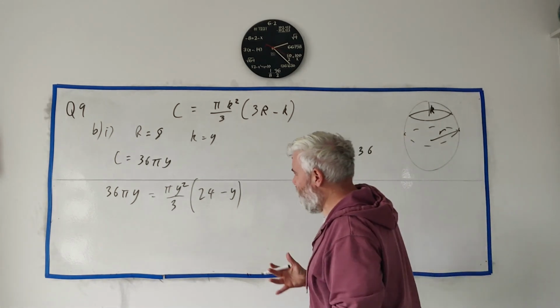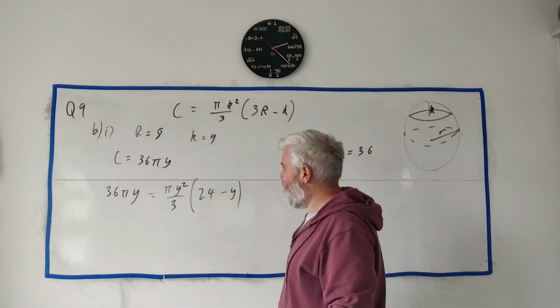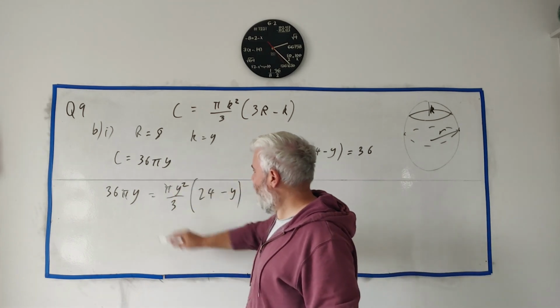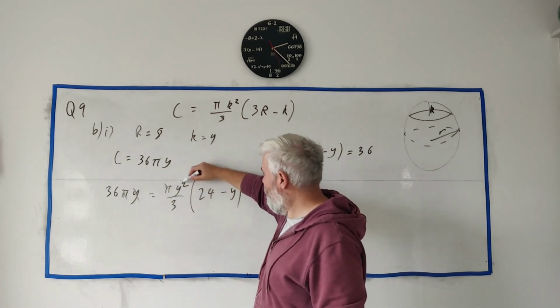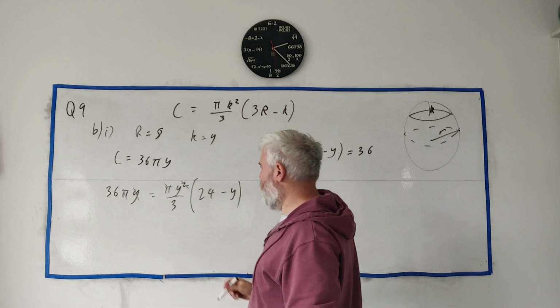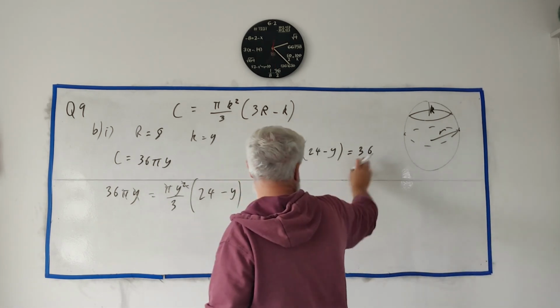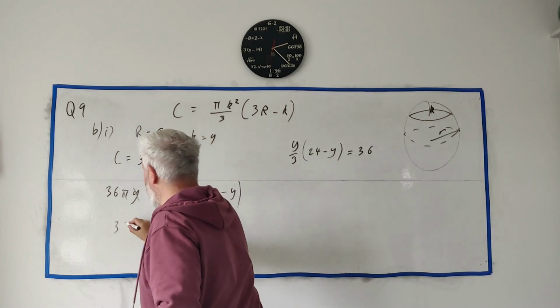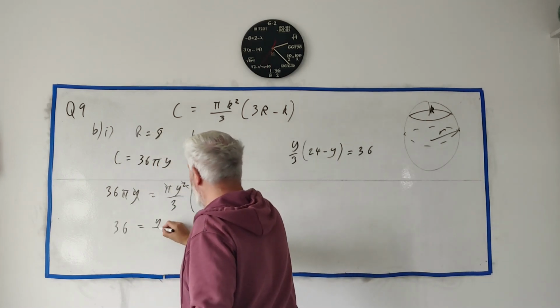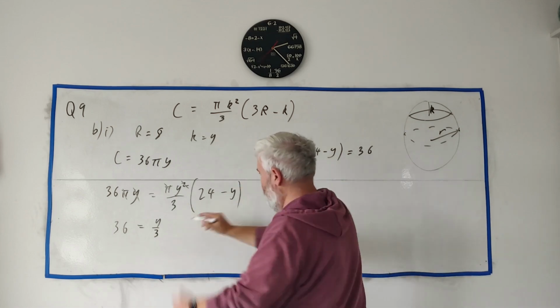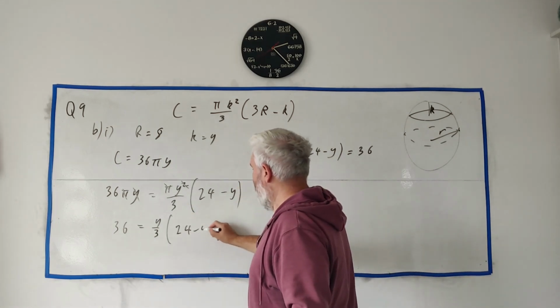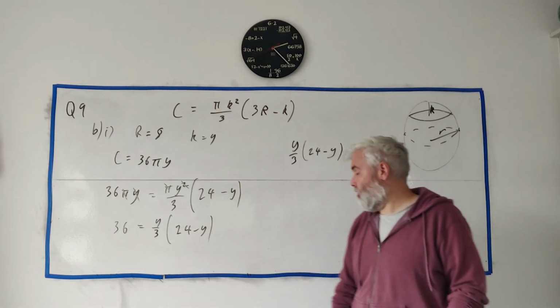This is a very strangely easy question. The 2 pi's cancel. Y cancels with one of these y's. And what do they want it to look like? Yeah, 36 is where it's meant to be. 36 equals y over 3, times 24 minus y. Yeah, that's fine. Actually, we're already done. I'm sorry. Like I said, a strangely easy question.